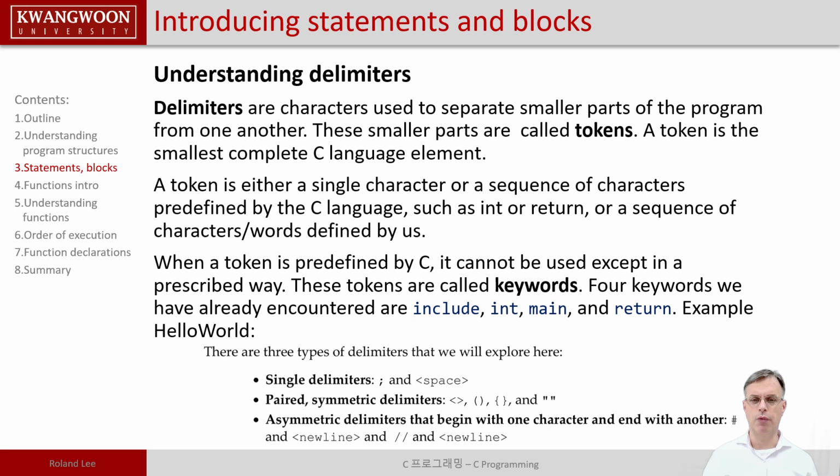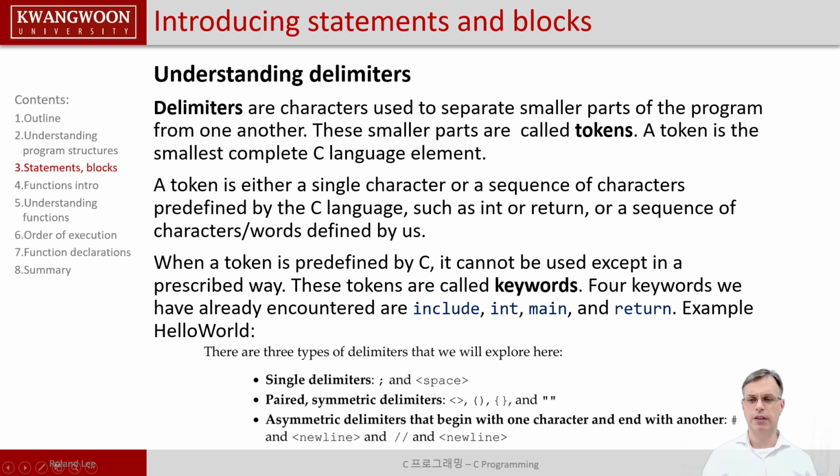So the way of its use is previously determined. Those tokens are called keywords. Keywords we have already encountered include int, main, and return. We will still see many others throughout the course.